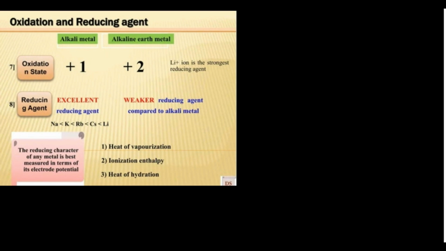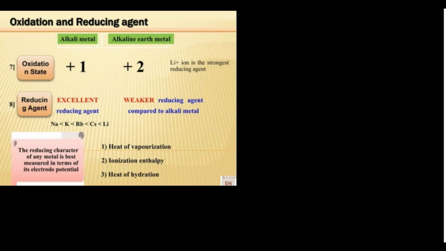Okay, and the reducing character of any metal is best measured in terms of the electrode potential. However, I think I have also explained this in my very short list of electrochemistry. I couldn't complete that electrochemistry lecture series, but I have explained this thing there also.